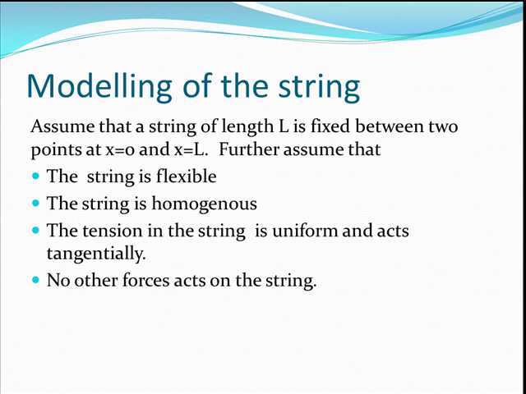The string is homogeneous. This means that the string is made of only one material. The tension in the string is uniform, meaning at every point of the string the tension is constant. No other forces act on the string, meaning we will not consider the gravitational force or any other force.